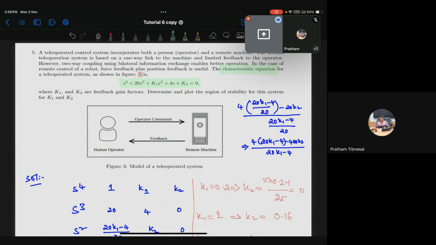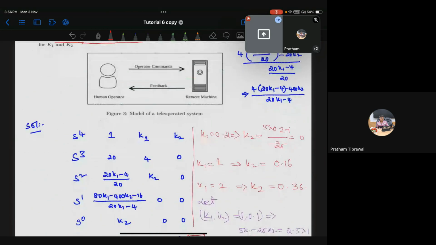The controller has two constants, K1 and K2. These are the two feedback gains, as I was saying recently. The controller could be a PD controller or a PI controller. So this is the characteristic equation.